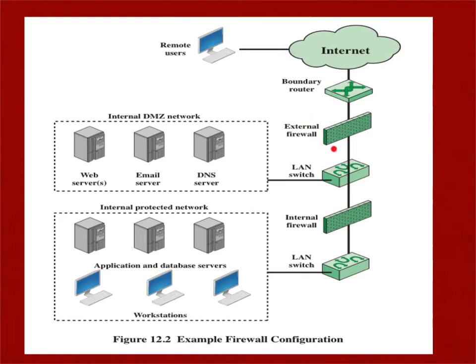After this default gateway we have the external firewall, and it provides some level of protection, but it doesn't necessarily have to provide the highest level of protection. And why is this? Because after this external firewall, we have what we call the demilitarized zone, or DMZ.